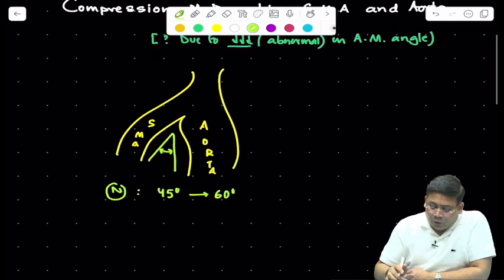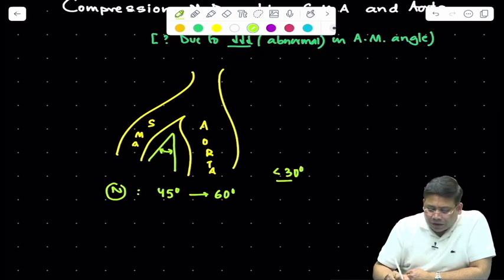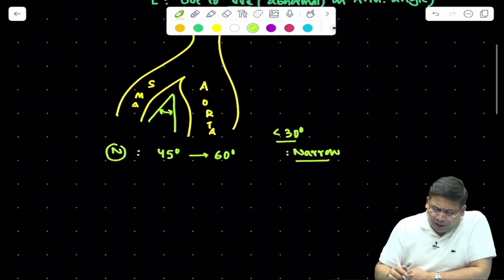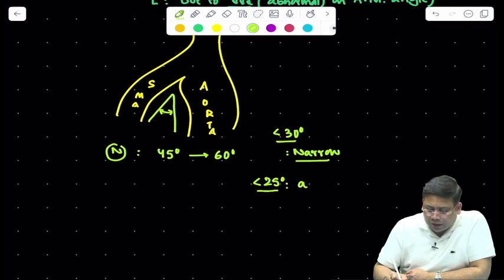Do you know, if the angle falls below 30 degrees, this is considered to be a narrow aortomesenteric angle. And if it goes below 25 degrees, this is associated with compression of the third part of the duodenum.